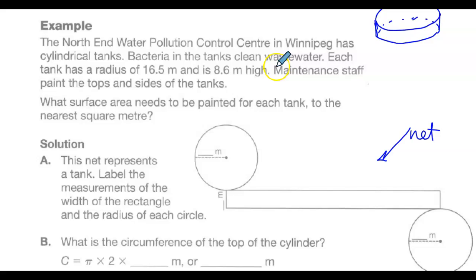So they want to paint the tops and sides of the tanks. The net represents a tank. Label the measurements of the width of the rectangle and the radius of each circle. So the radius is, remember, 16.5.